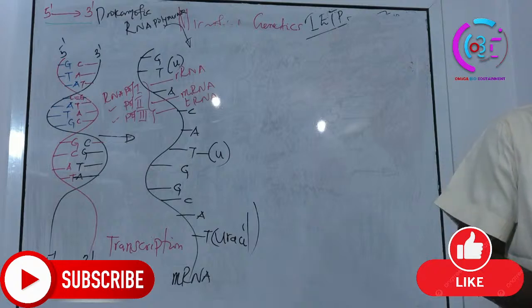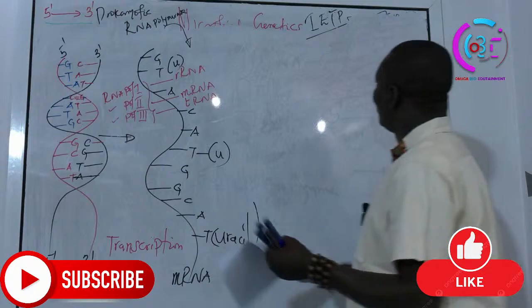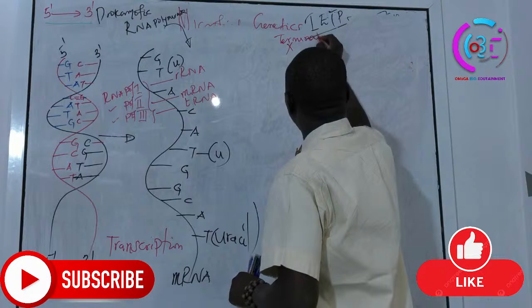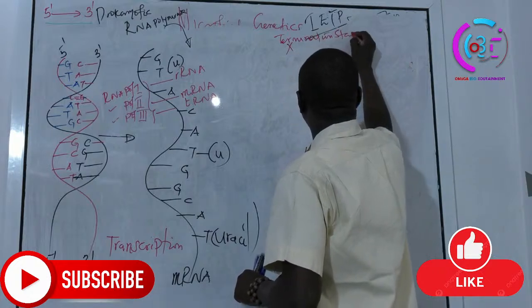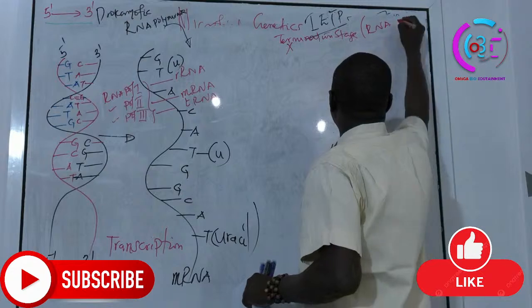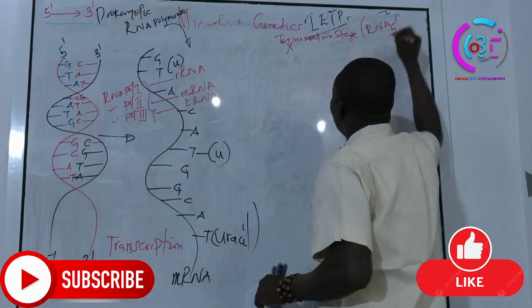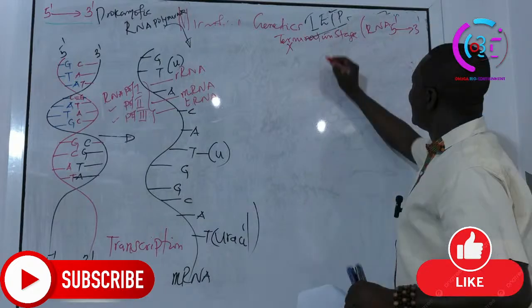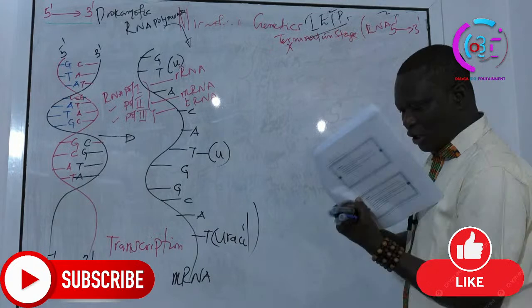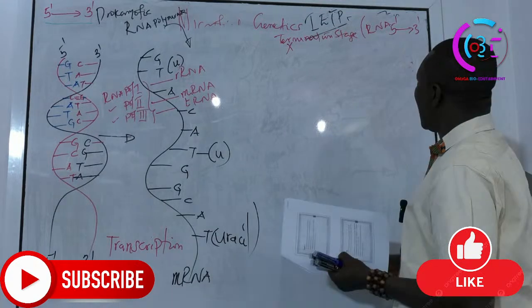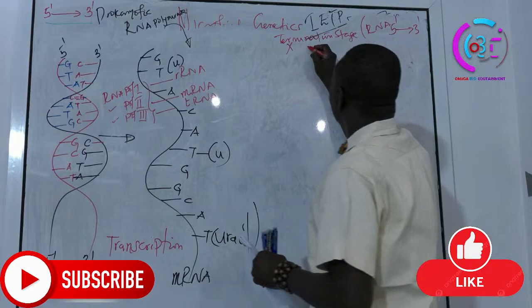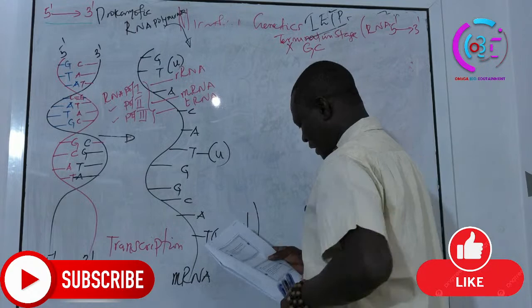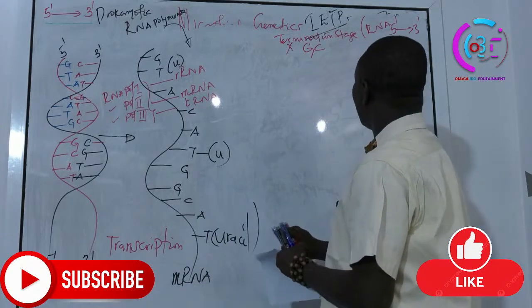So, moving from 5 prime end towards 3 prime end, we now migrate towards this terminator region, and that terminator region is going to be rich in GC, rich in guanine and cytosine.